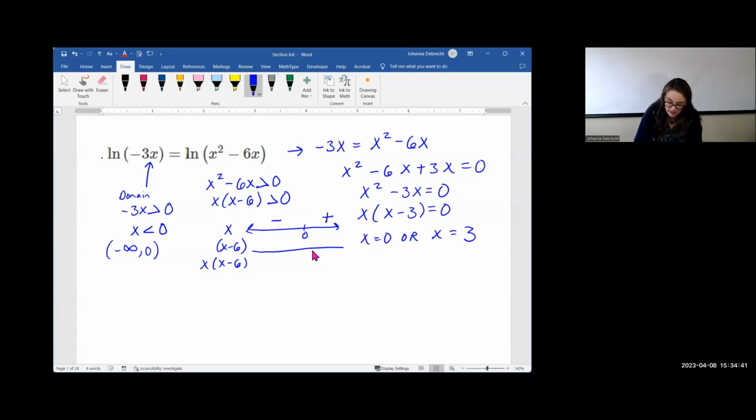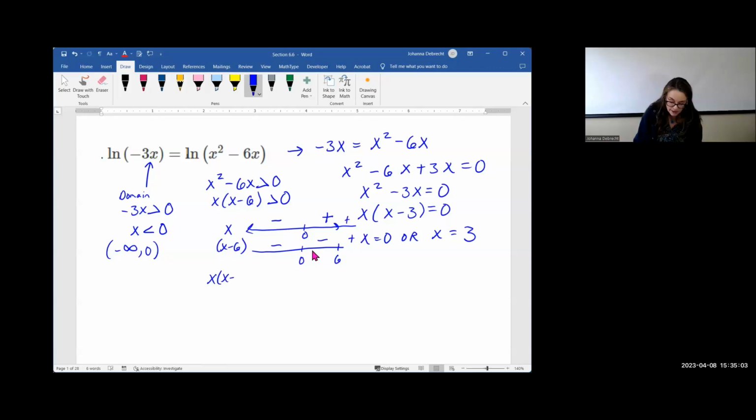x minus 6 changes signs up here at 6. So this one's negative here and positive up here.